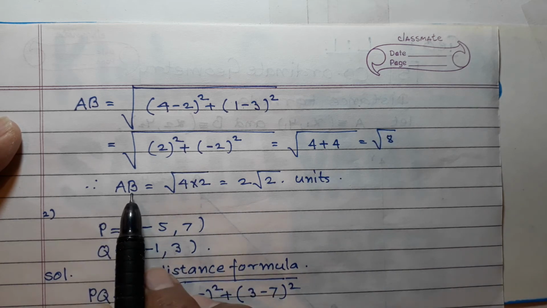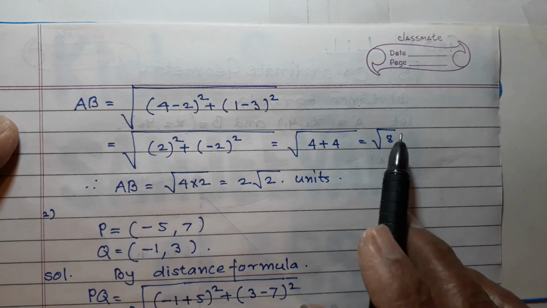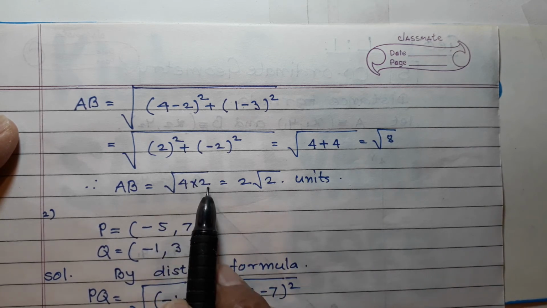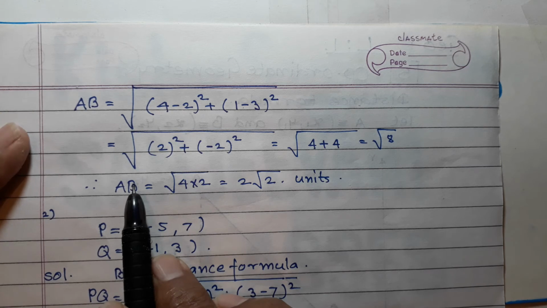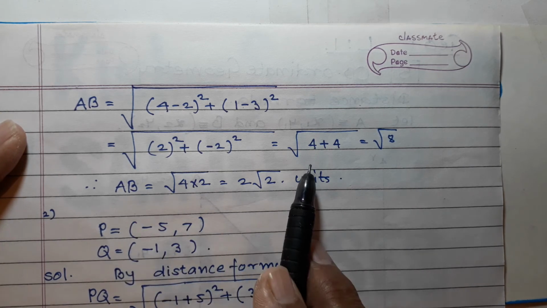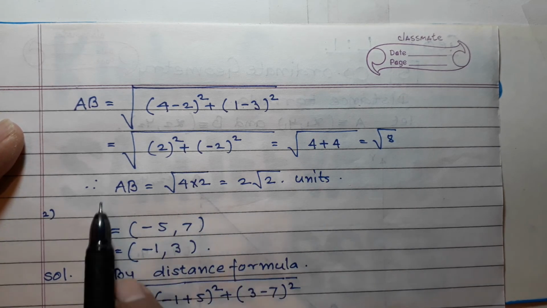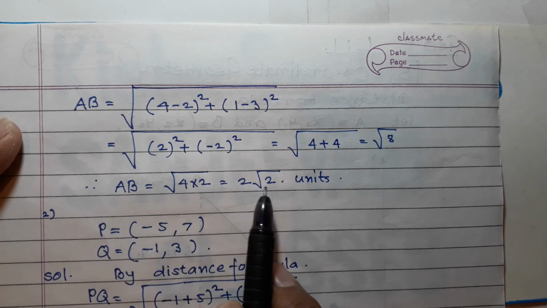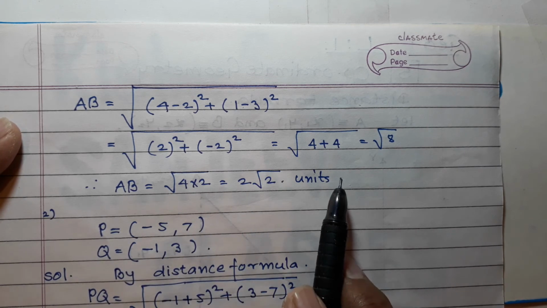Under root 8 means what? Under root 4 into 2, 4 you take outside, 2 root 2 units. So AB is equal to 2 root 2 units. Okay.